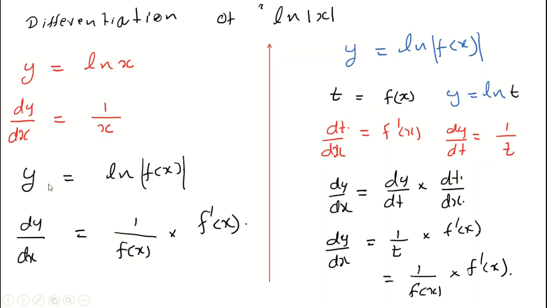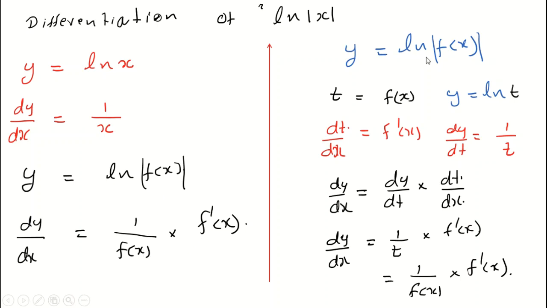So if it is y equals ln f(x), another function of x, then dy over dx is equal to 1 over f(x) into f dash x. You differentiate this function and multiply 1 over this whole function into the differential coefficient of this function f(x). Right? We can prove this using the chain rule.